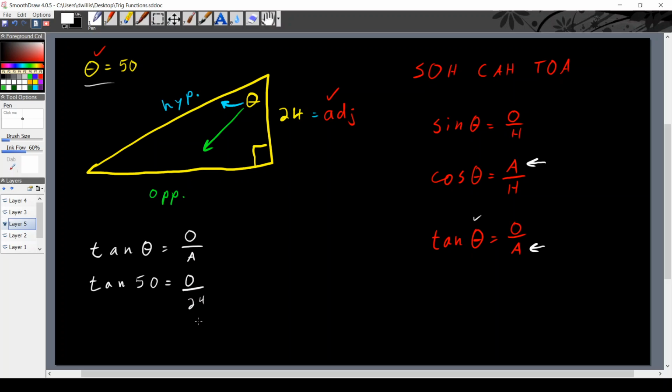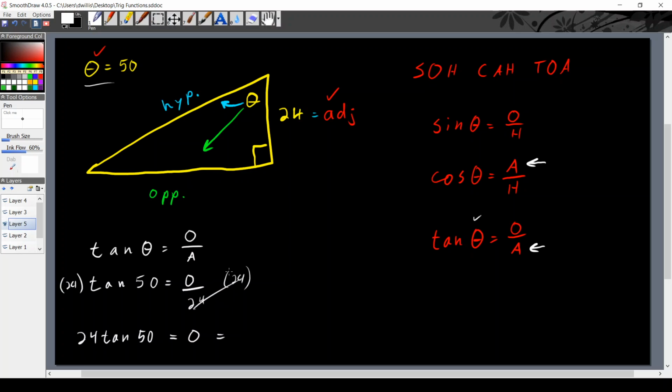Now again, solving that, multiplying both sides by 24, I'm left with 24 tangent 50 equals the opposite side.